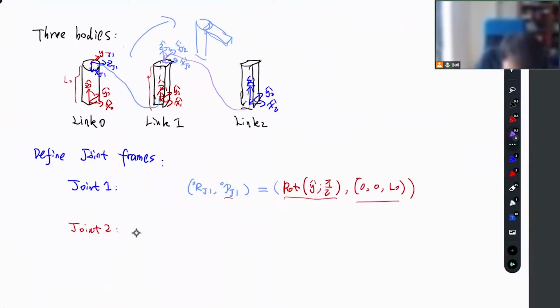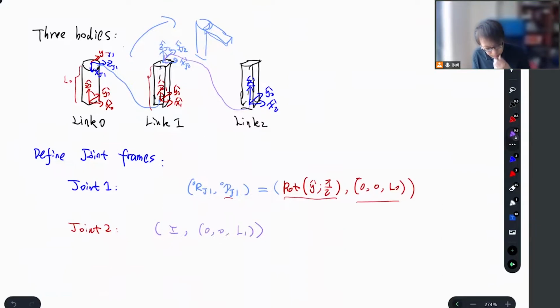In this case, the joint 2 relative position is nothing, right? It's identity, and also a displacement along the Z axis by L1. Okay, I hope that's clear.